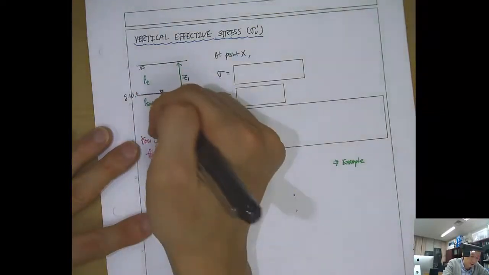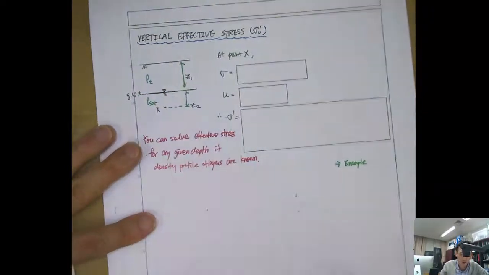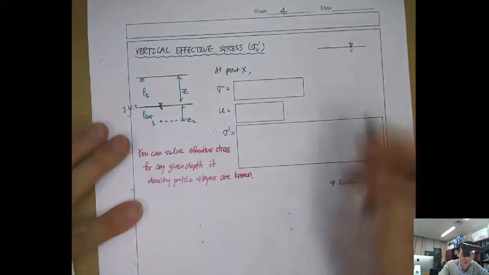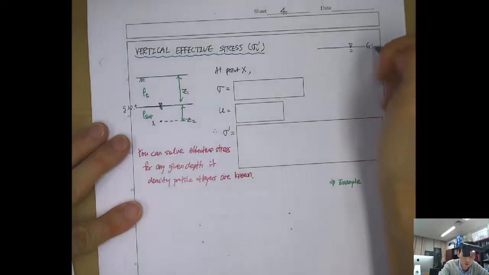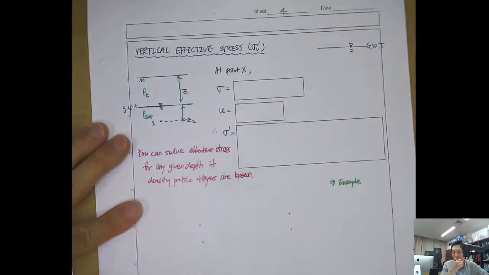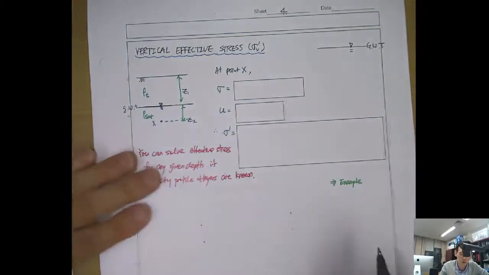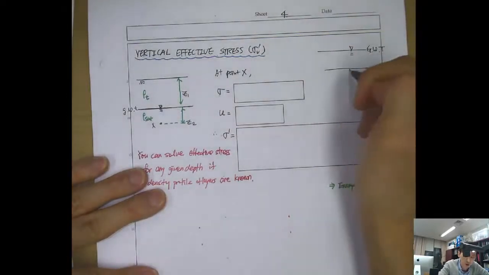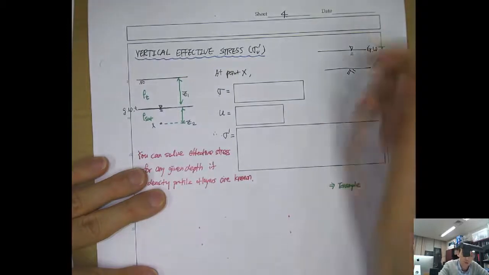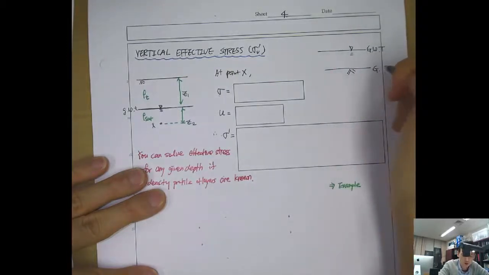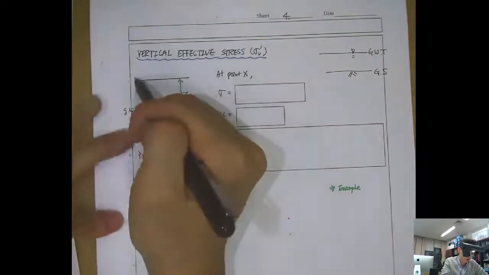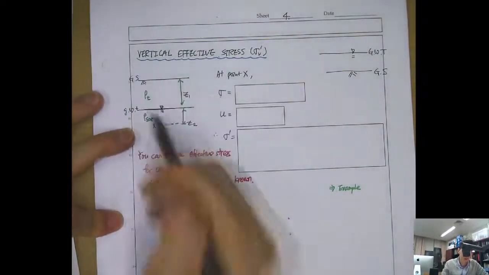Whenever you see this symbol, it shows the location of the groundwater table. We'll talk about what the groundwater table is in the next class. And when you see this symbol, this is the ground surface.